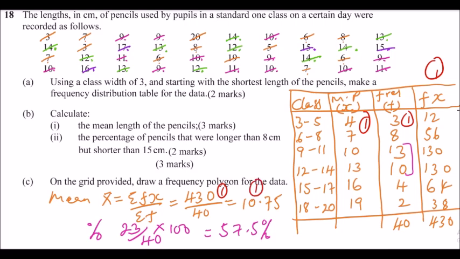Then for this one, you get 1 mark for the method and 1 mark for the answer. And the total should be up to 10 marks. So that's how you are supposed to answer that question. This is from the Form 2 topic, statistics.